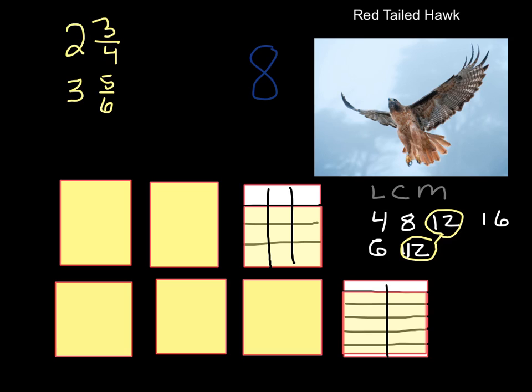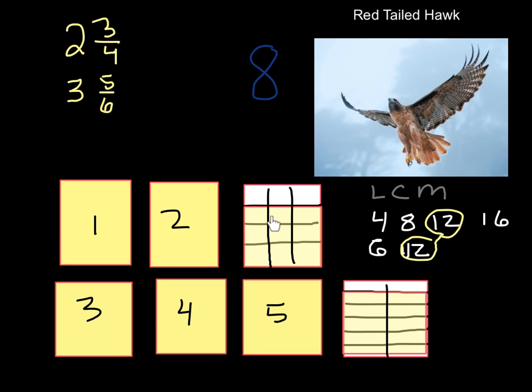Now, I simply need to add these up. Actually, let's do it this way. First, I'm going to go 1, 2, 3, 4, 5, and then I can count all of my parts.